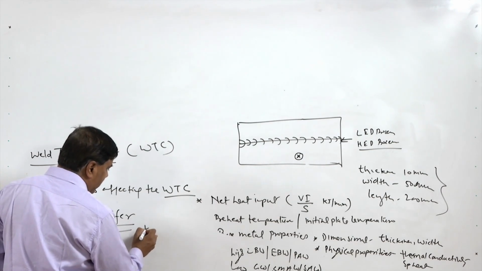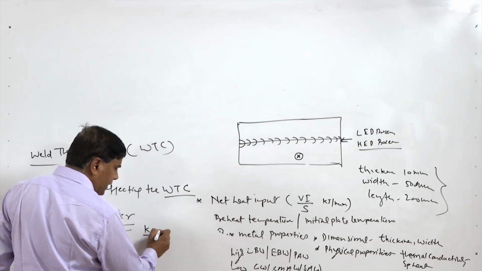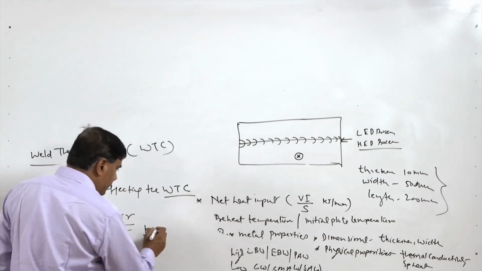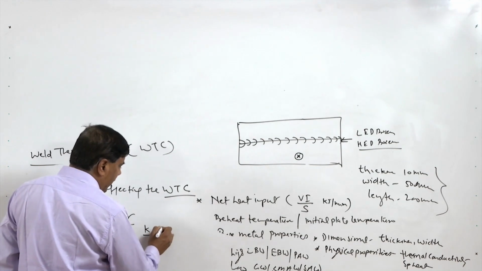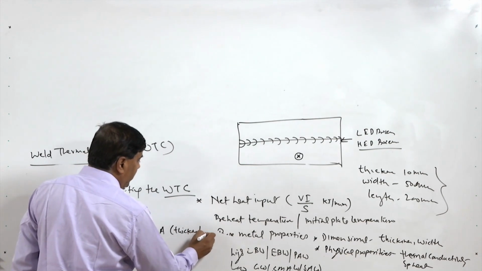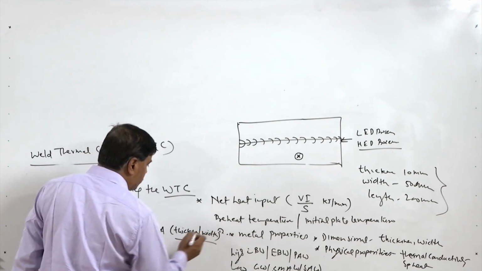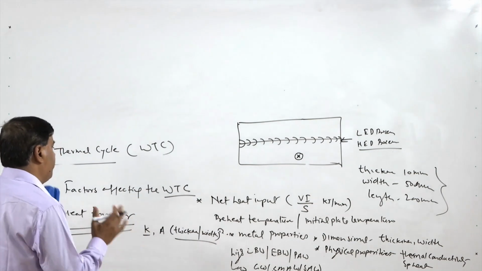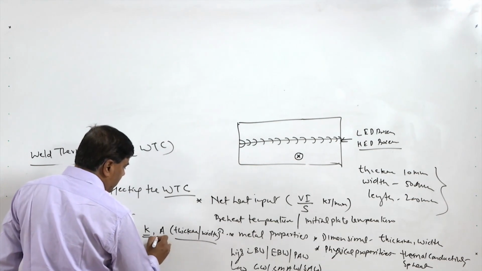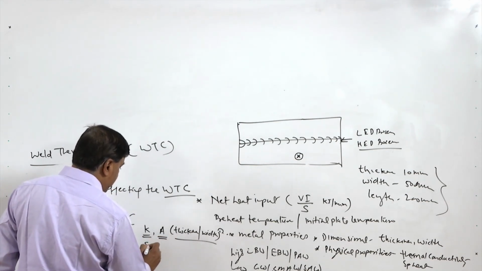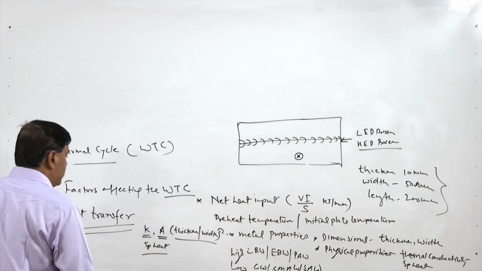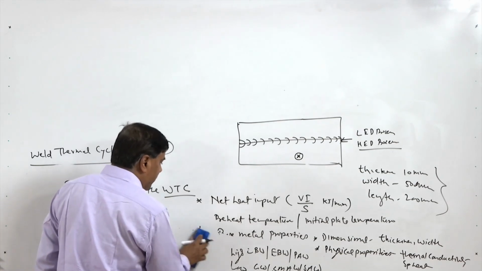Basically the thermal conductivity and the cross-sectional area affect the heat transfer away from the area where heat is delivered during welding. The area is influenced by the thickness of the plate and the width of the plate. These are the two factors which govern the area available for transfer of the heat. So basically the thermal conductivity, area and specific heat determine how fast heat is transferred away from the joint location of interest.